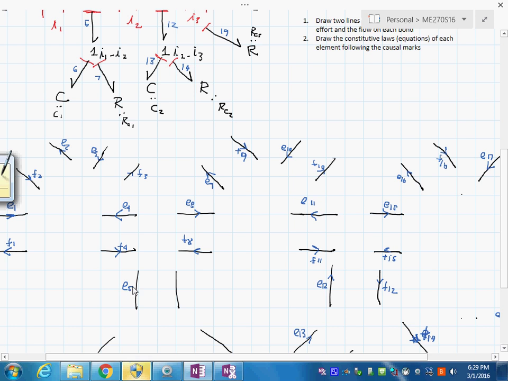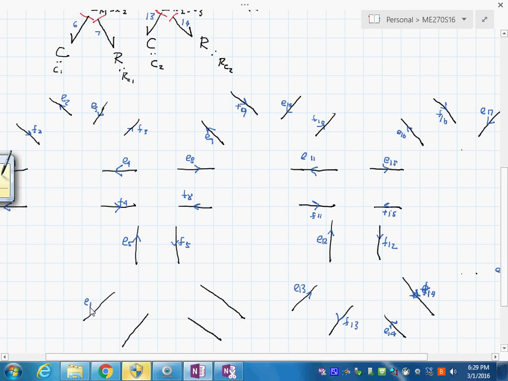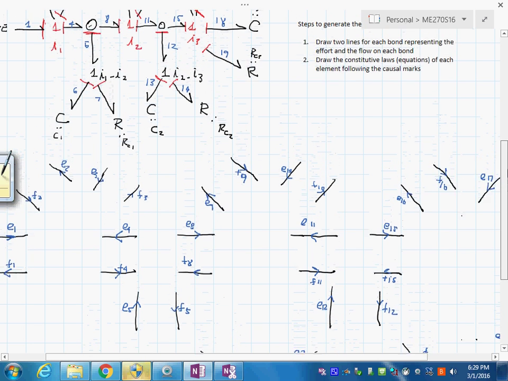So keeping that in mind, we are going to come and do the constitutive law of the I element. You see the effort is going in. This thing gets integrated by 1 over S, and then multiplied by 1 over I sub 2, and out of this comes this way.